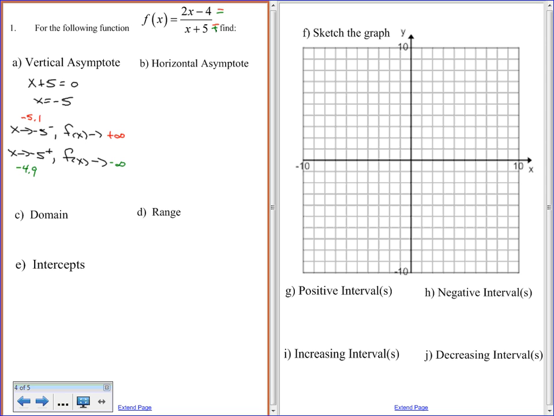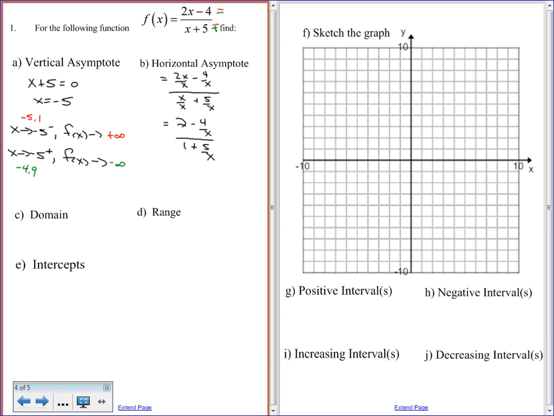The horizontal asymptote. To figure out the horizontal asymptote, I need to divide everything by the highest power of x. So 2x divided by x minus 4 divided by x over x divided by x plus 5 divided by x. Then I simplify. 2 minus 4 over x, 1 plus 5 over x.